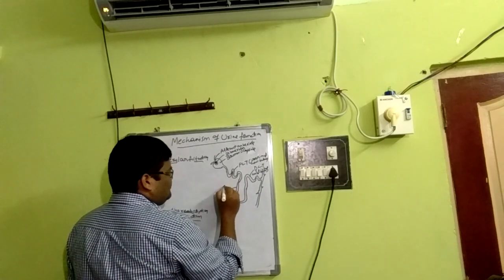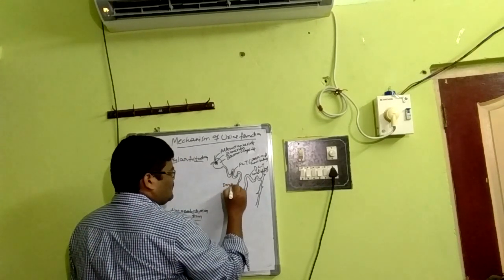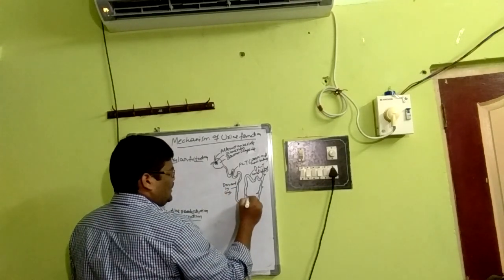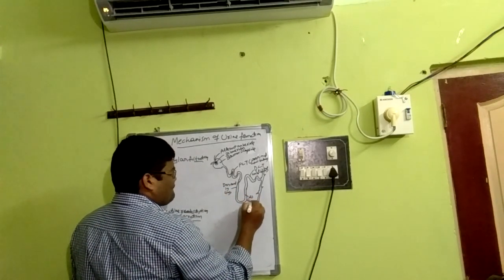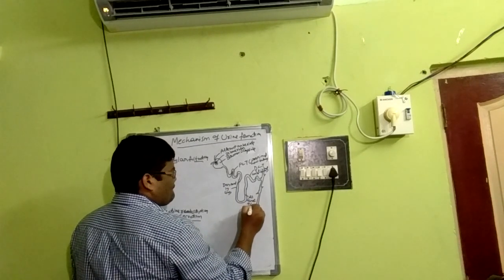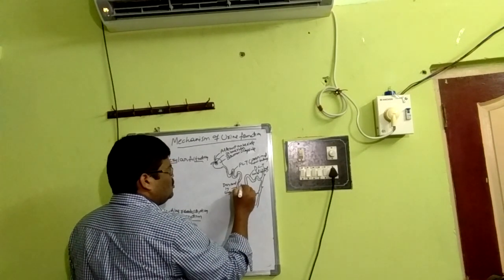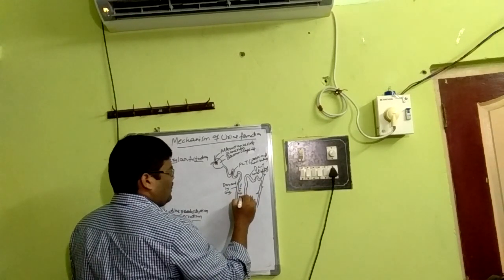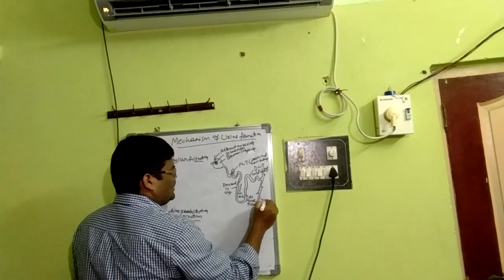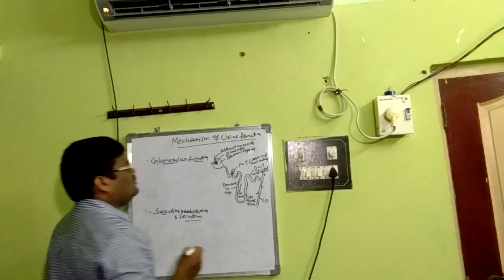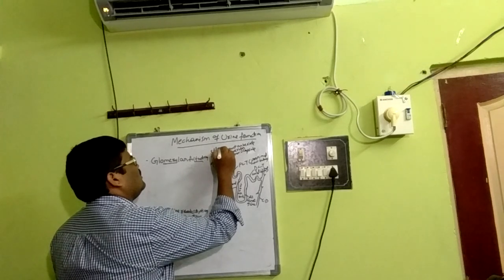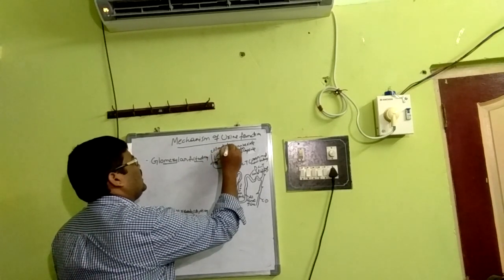This is the descending limb and the ascending limb, together called the loop of Henle. This is the collecting duct. These are the different parts of a nephron.